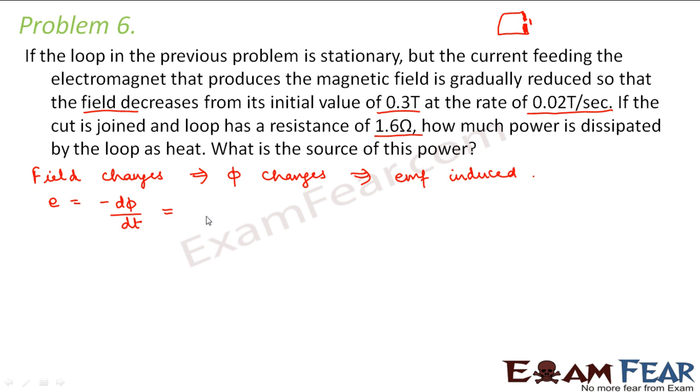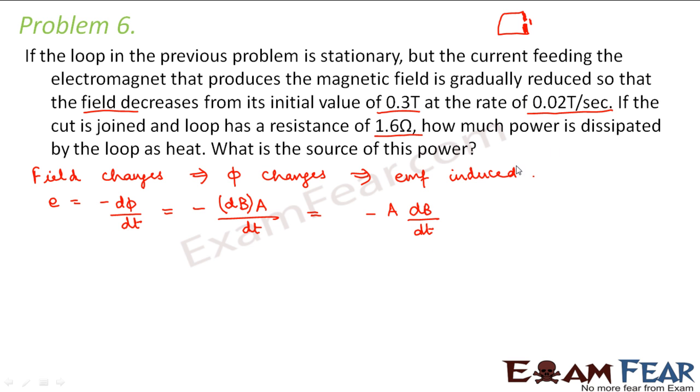Flux is B into A. In this case, area remains the same, but B is changing. So this becomes equal to minus A dB by dt, that is the rate of change of magnetic field.